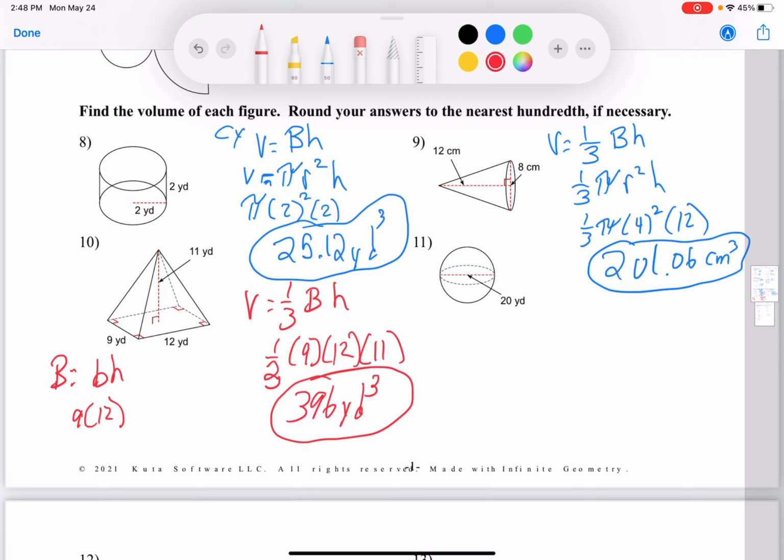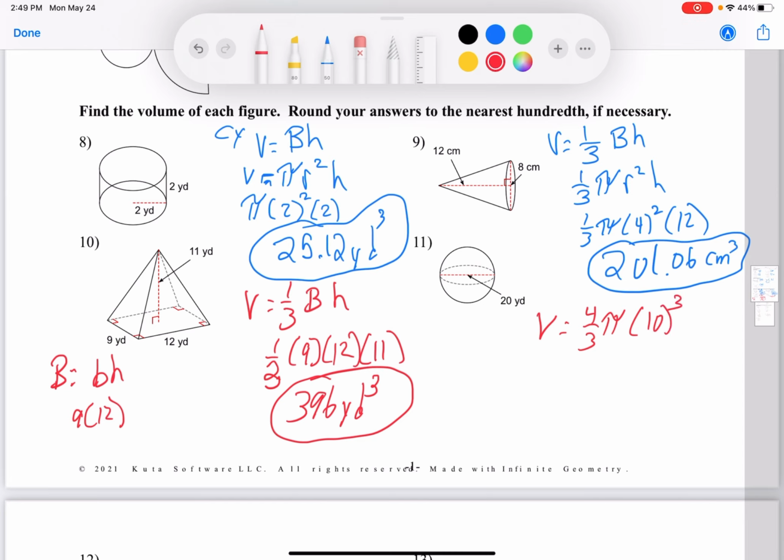And the last one, sphere. Just did this in the lesson today. To find the volume of a sphere, our formula is 4/3 pi r cubed. So volume is equal to 4/3 times pi times 10 cubed.